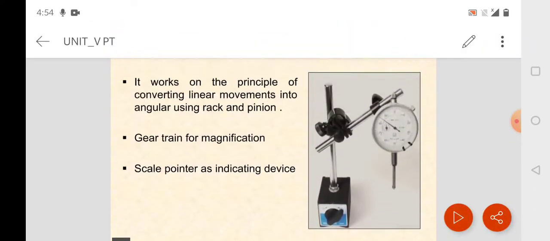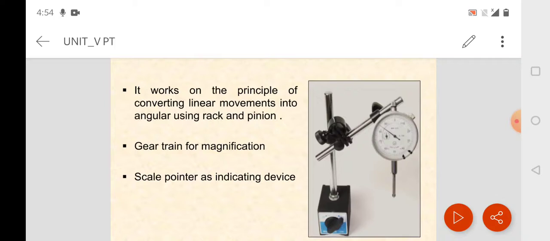So this is the dial indicator, and here the gear train is used for magnification. Basic size means some dimension is above or below basic size. Maybe the reading is in microns, but it will be shown by this dial indicator because it magnifies that reading up to 200 times. So if it is 0.002, it will be indicated by 0.2.